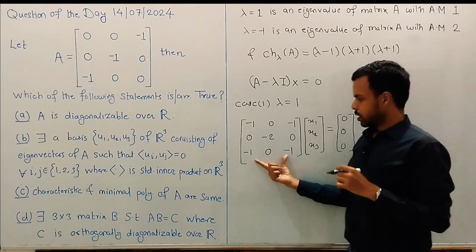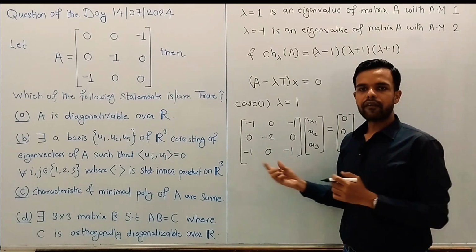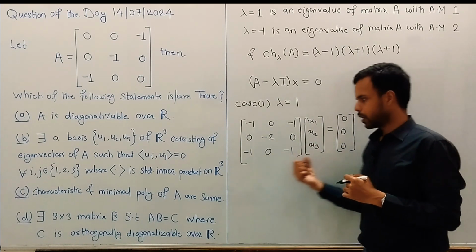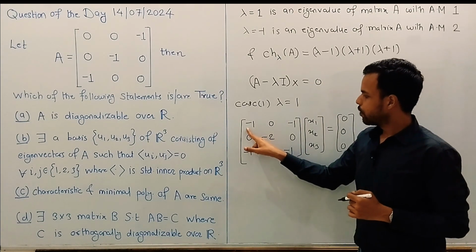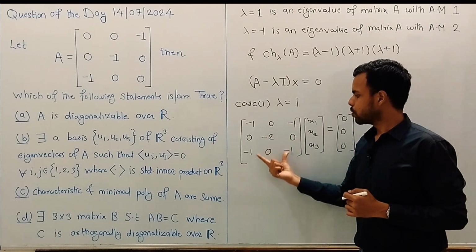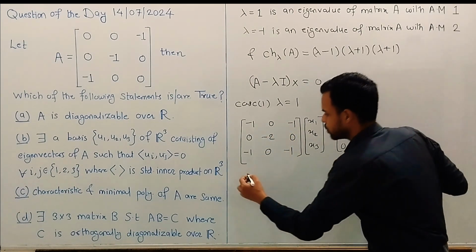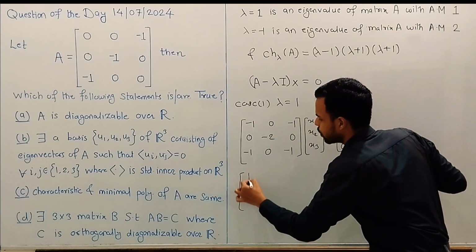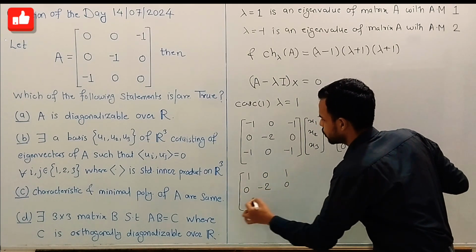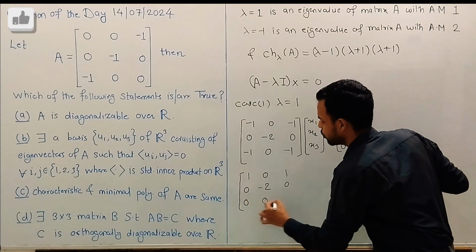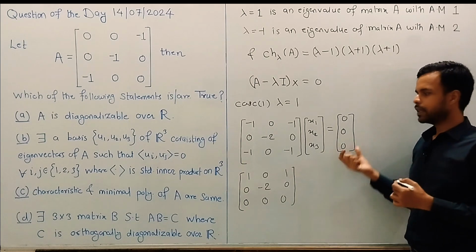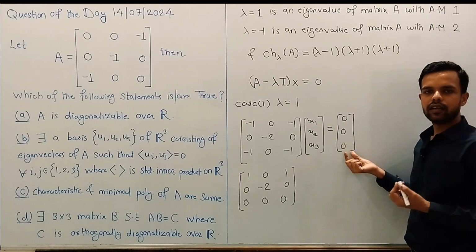So this is the homogeneous linear system that we have to solve. We will reduce this coefficient matrix to echelon form by using standard elementary row operations. I will multiply the first row by minus 1, and after that I will add the first row to the third row. So we will get 1, 0, 1, 0, minus 2, 0, 0, 0, 0. And this column vector remains the same because all entries are 0.